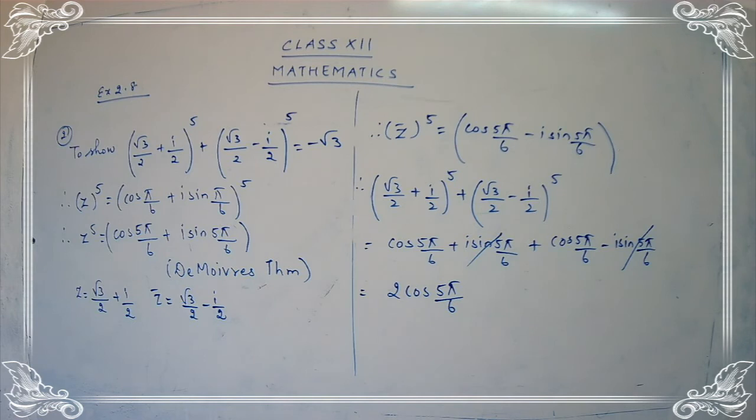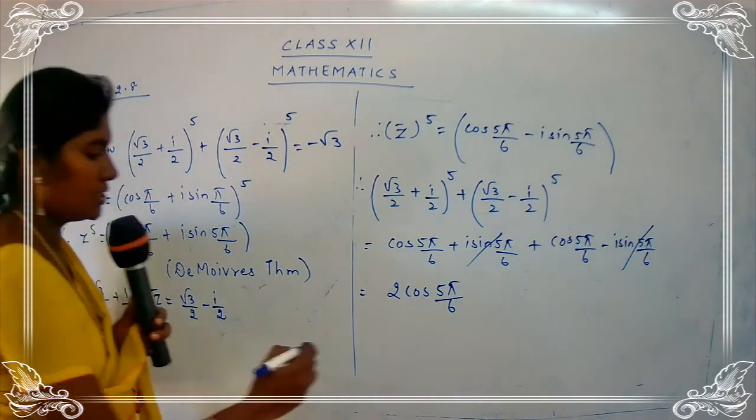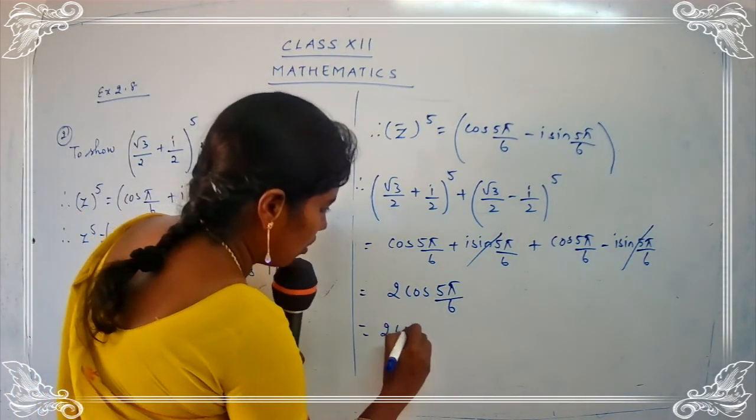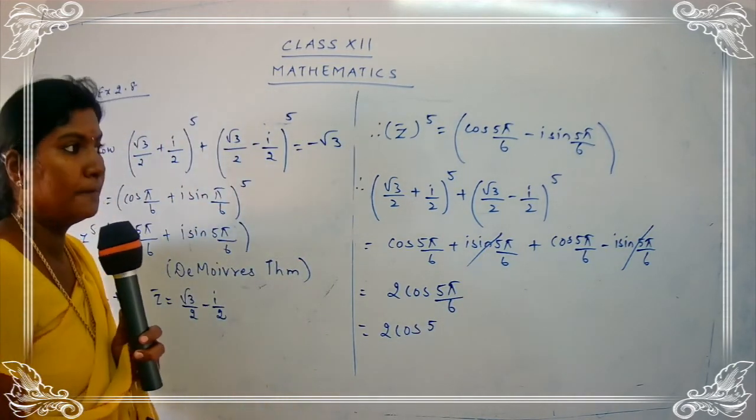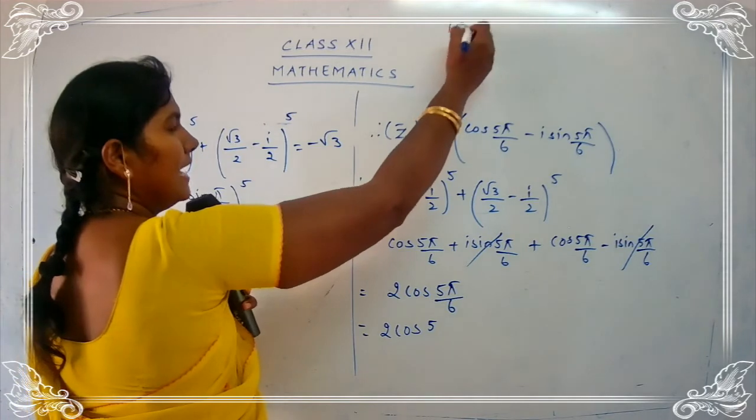Okay, now let's see the next step. Now we have to get the answer as minus root 3. Yes, children? That's what we need. So let's see how to get that answer. Now we are going to use the concept that we have learned in our 11th standard 3rd unit, trigonometry. Okay, let's see. So this is 2 cos 5 pi by 6. What is pi by 6, children? Pi by 6 means 180 upon 6.